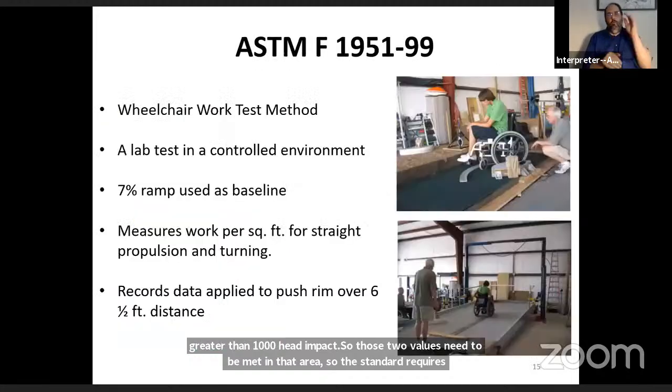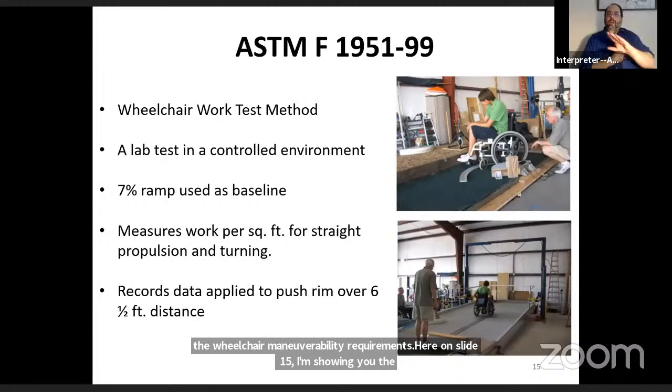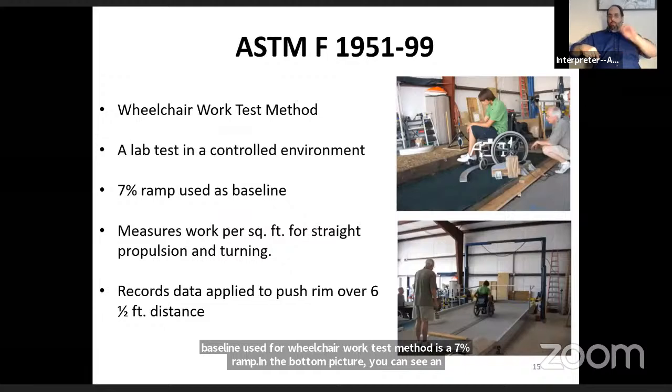It also requires, as I stated, to meet the wheelchair maneuverability requirements. Here on slide 15, I'm showing you that the baseline used for a wheelchair work method is a 7% ramp. And in the bottom picture, you can see an individual pushing up a manual wheelchair up a 7% grade for a distance of about 6.5 feet, where they measure the amount of work force required to propel up that distance.